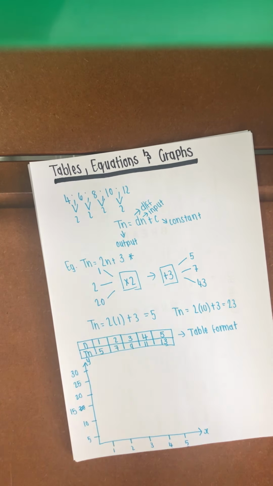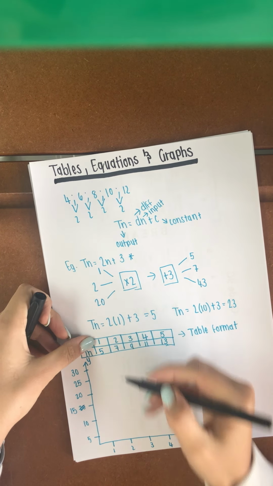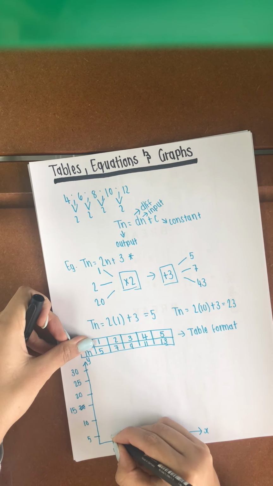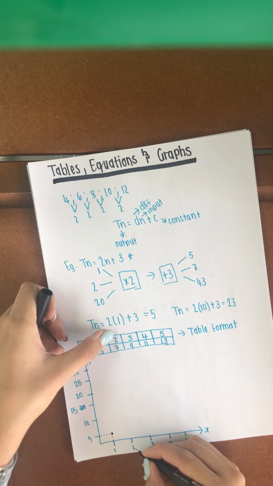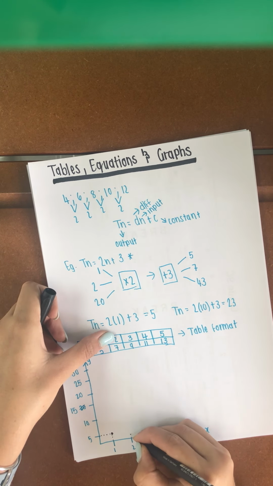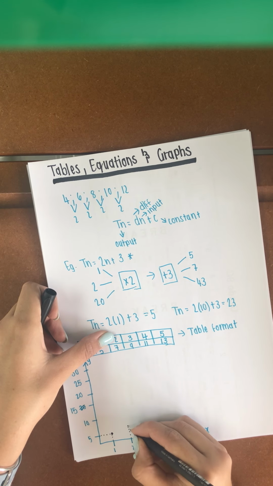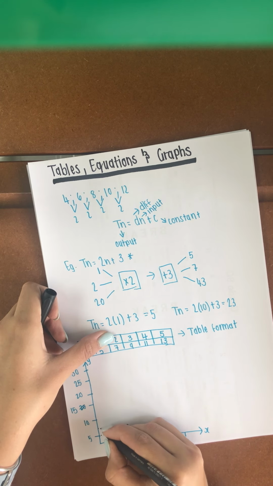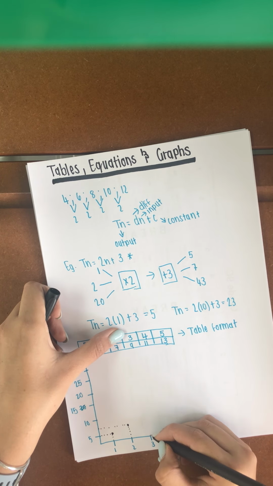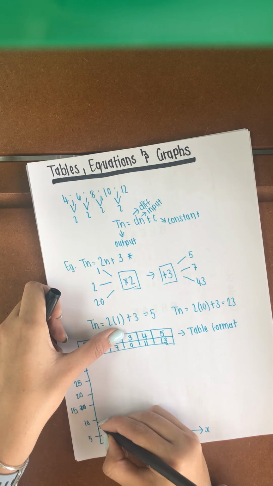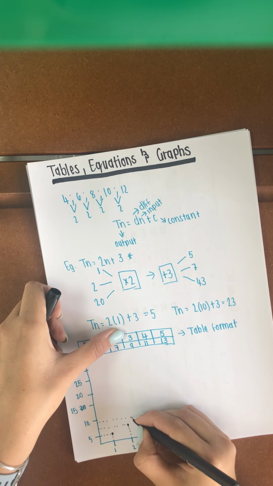So now I draw it. I know if I put in 1, it gave me 5. So I go to 1, and my output value was 5. My input value is 2, and my output value is 7. My input value is 3, and my output will be 9, so it's somewhere there.